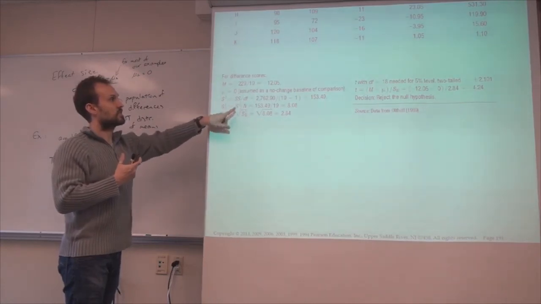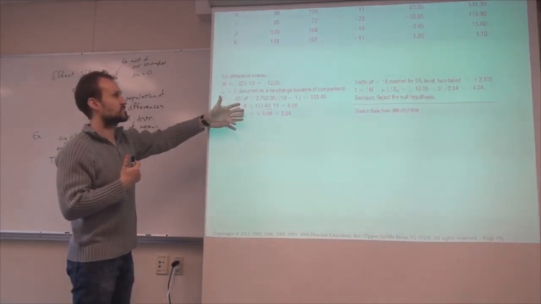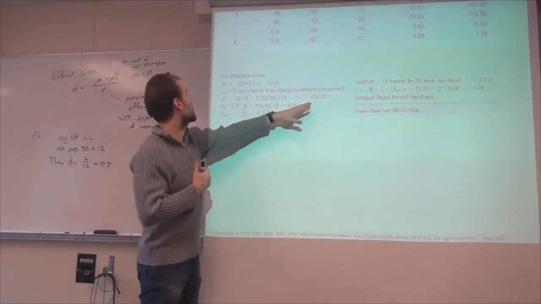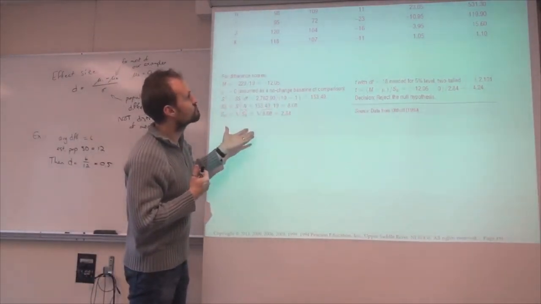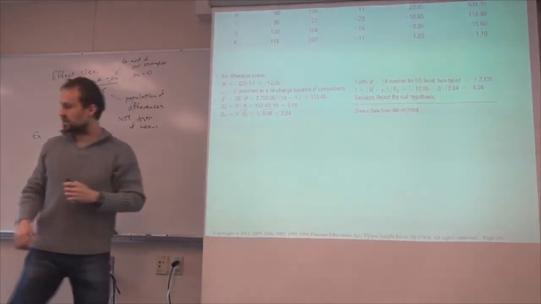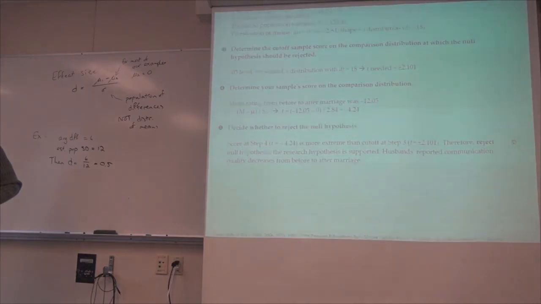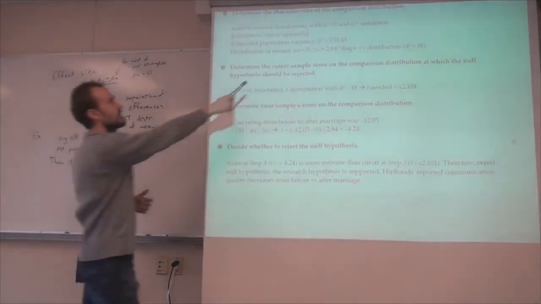And then I just take the square root of that, which they don't like to do for some reason. Take the square root of that to get the standard deviation. It's shown up here somewhere. There it is, 2.84.